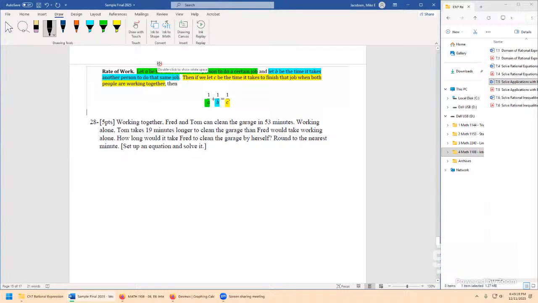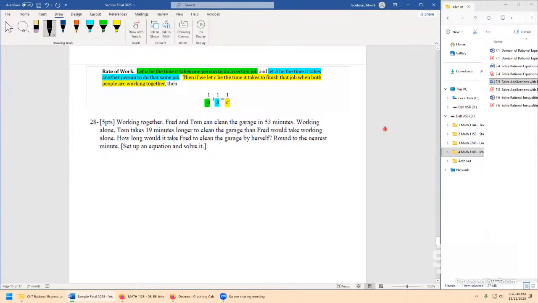So if A is the time it takes one person to do a particular job, whatever it is, B is the amount of time it takes another person to do the same job, then 1 over A is a rate of speed, how fast you do one job for a unit of time, and so is 1 over B. If you add these rates together, it means both people are working together, and C is the time it takes to finish a job when they're both working together, gives us this summed together rate.